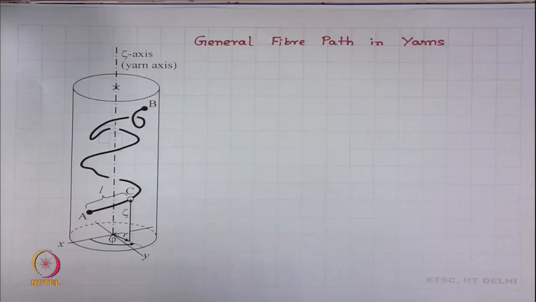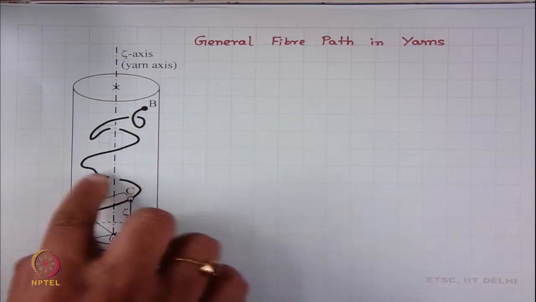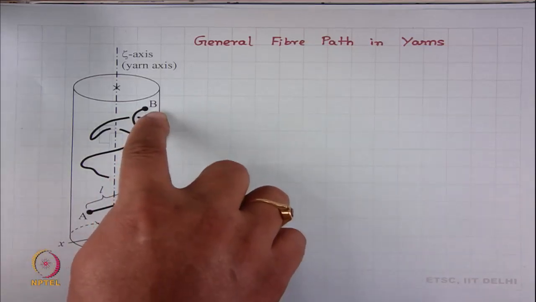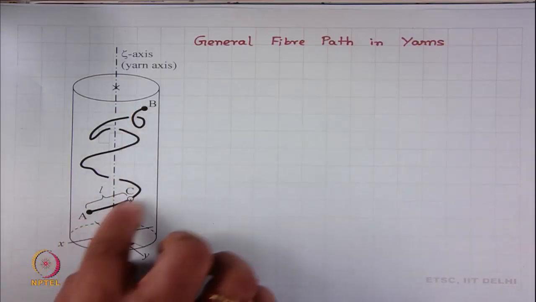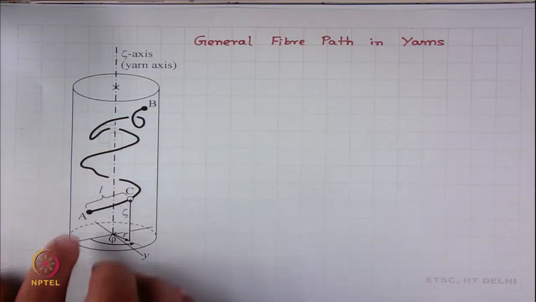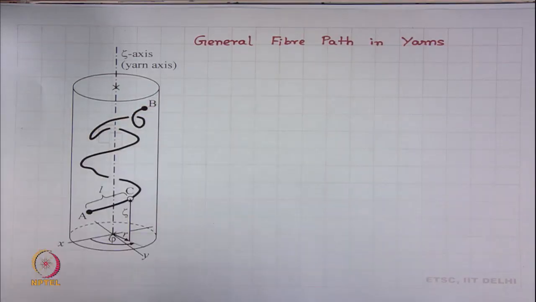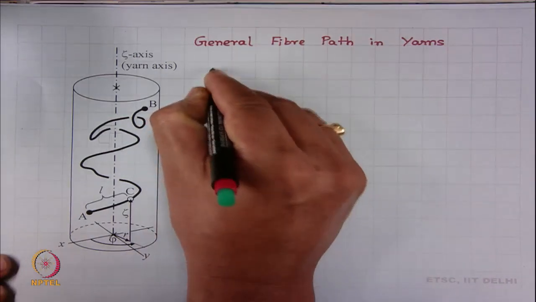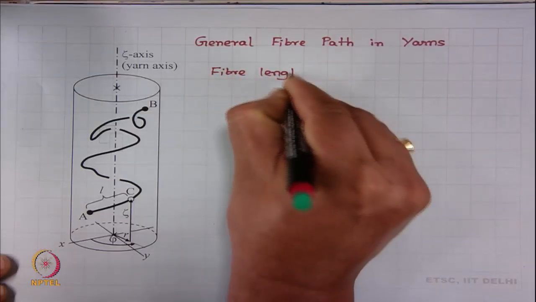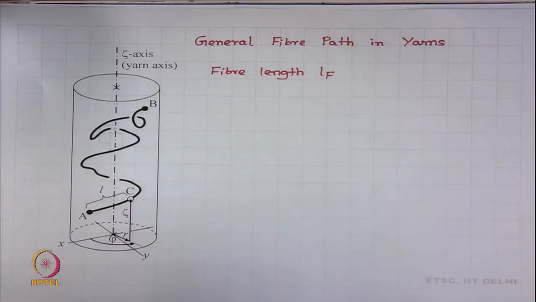In this diagram, what you see is a thick curve which starts from A and ends at B. This thick curve denotes a fiber. So, A to B, this distance represents the fiber length. We denote it by L subscript F. F stands for fiber.